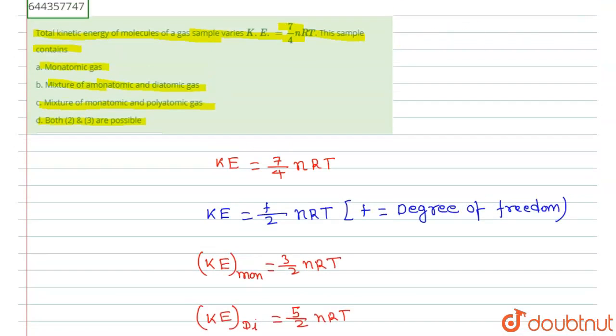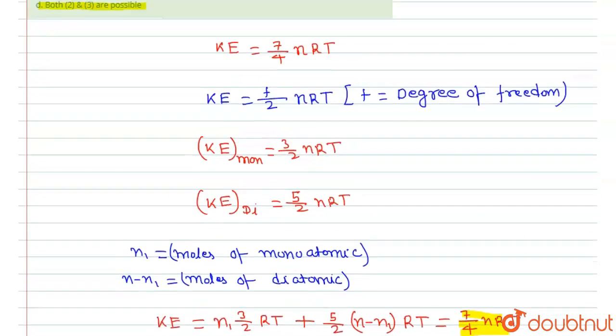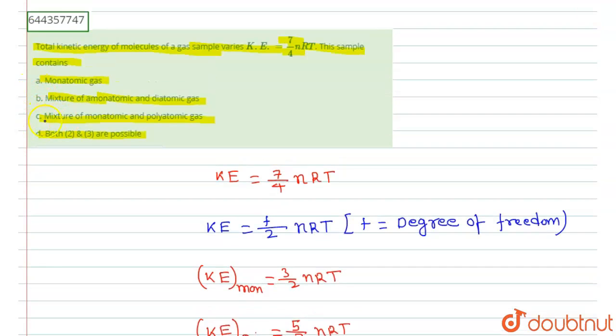For polyatomic, the degree of freedom will be more than monoatomic and diatomic, but these combinations are also possible for a mixture of monoatomic and polyatomic.